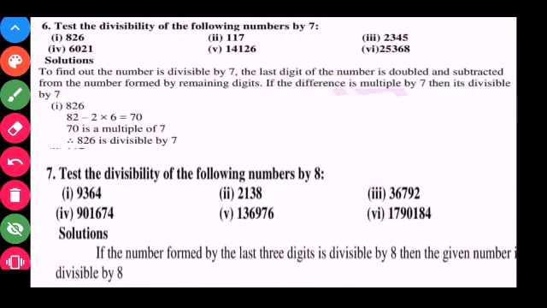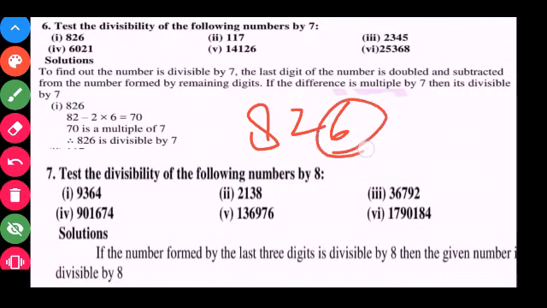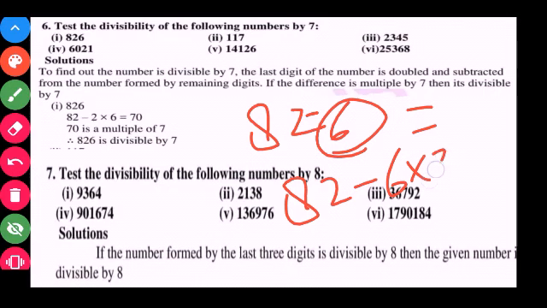Okay, so here in 826, the last digit is 6, and double of 6 is 12. So this will be subtracted from 82. So this is 82 minus 6 into 2, that means 82 minus 12, which is equal to 70.